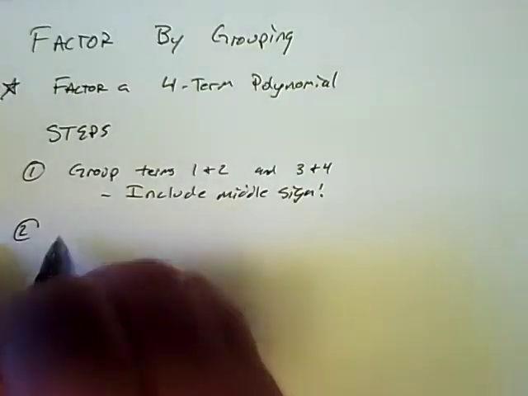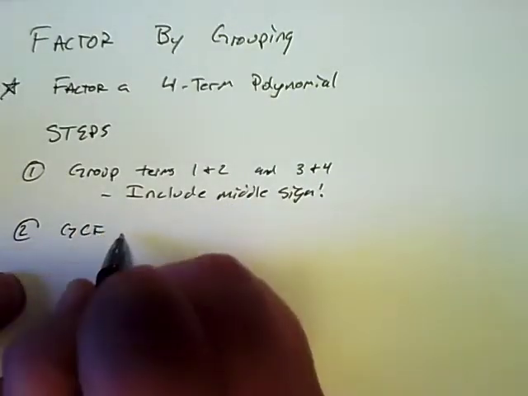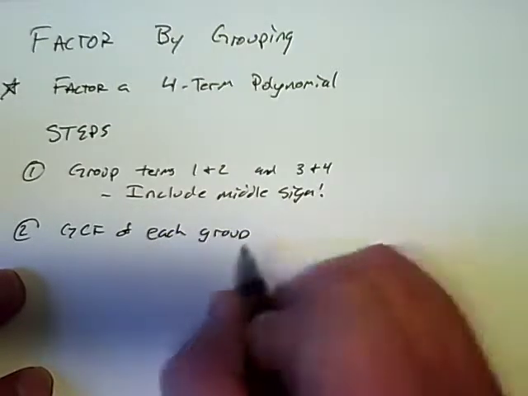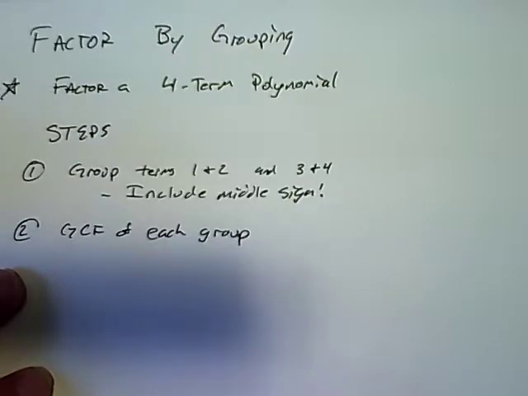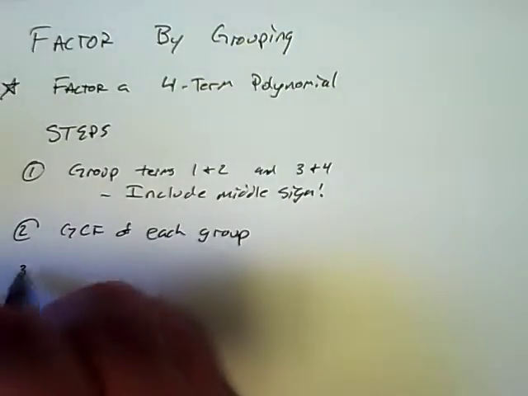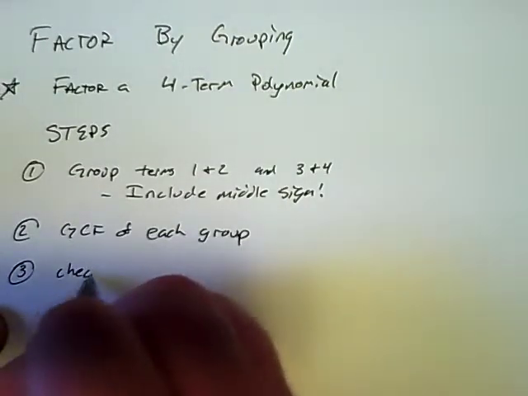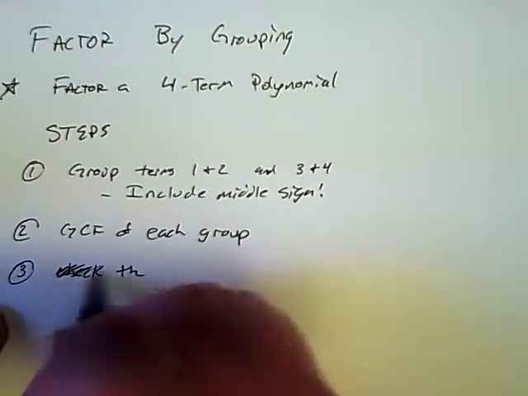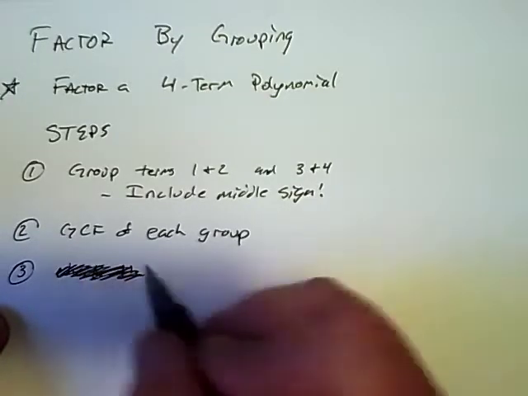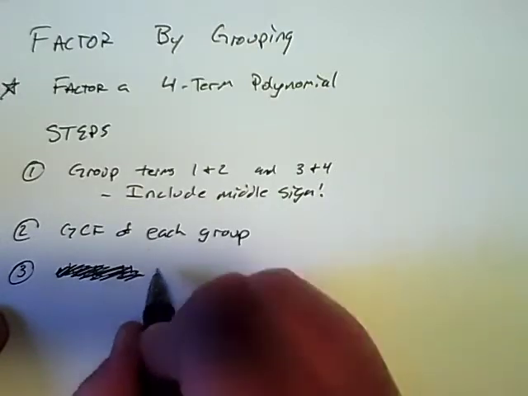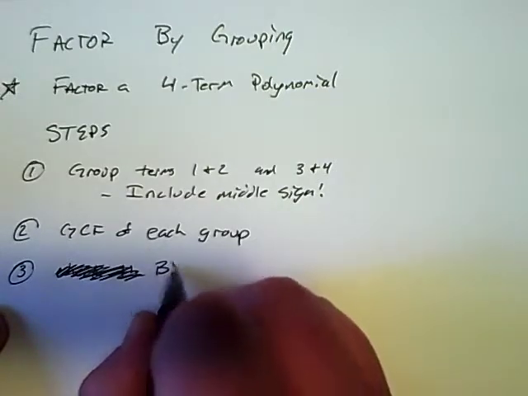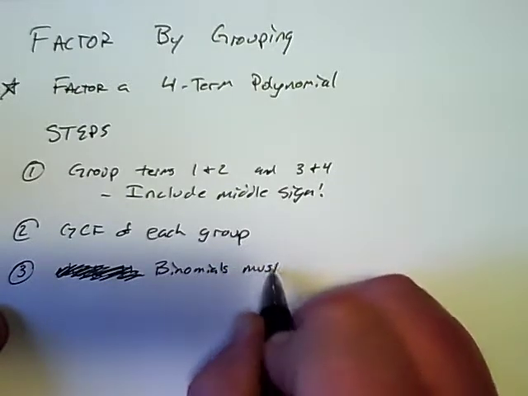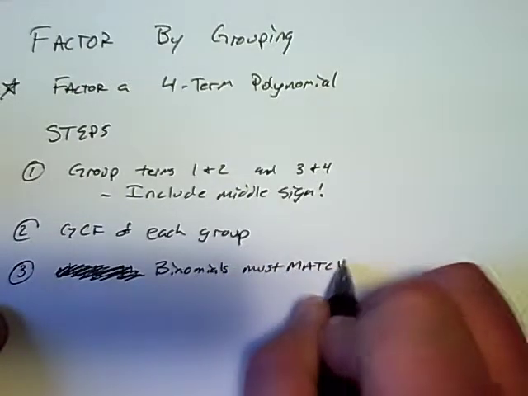Now, step two is we're going to find the GCF of each group. And we're going to do that individually. And then step three is check the leftovers. Here, I'll say it like this: the binomials must match.